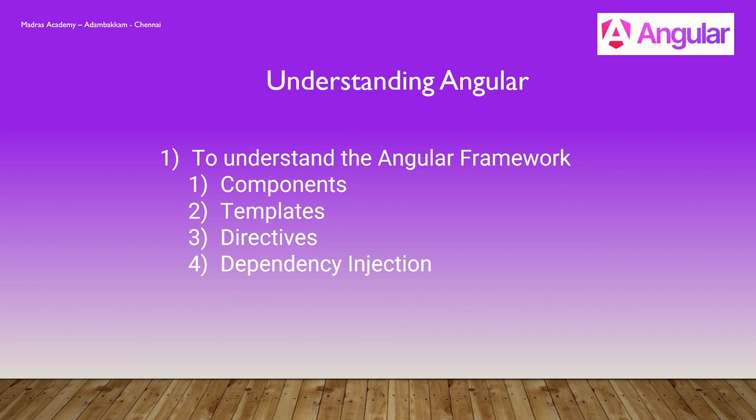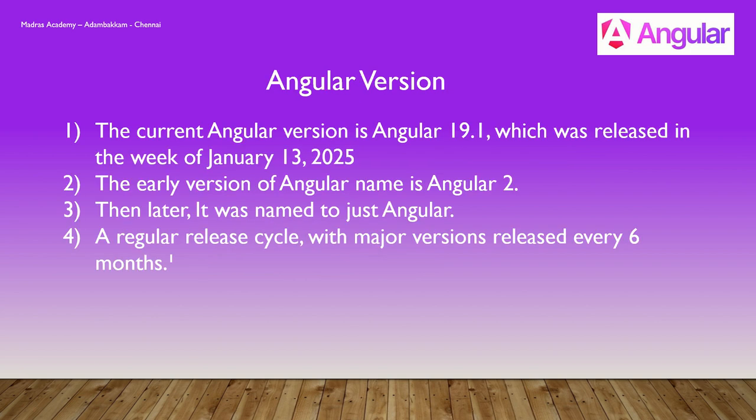And next, the Angular version. The current version of Angular is 19.1. It was released in the week of January 13th, 2025. So this year, January 13th, it was released. The earlier version of Angular was Angular 2.